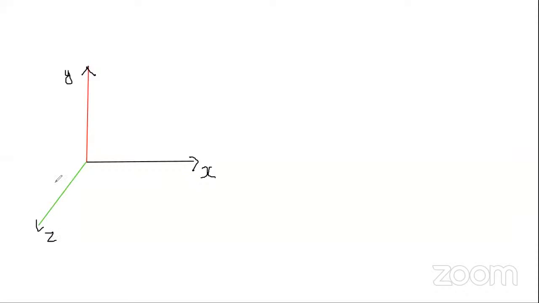They have given that the charges are placed at different points. So here you are having a plus q charge, and they have given you the coordinates of this as well, that is 0, comma a, comma 0.